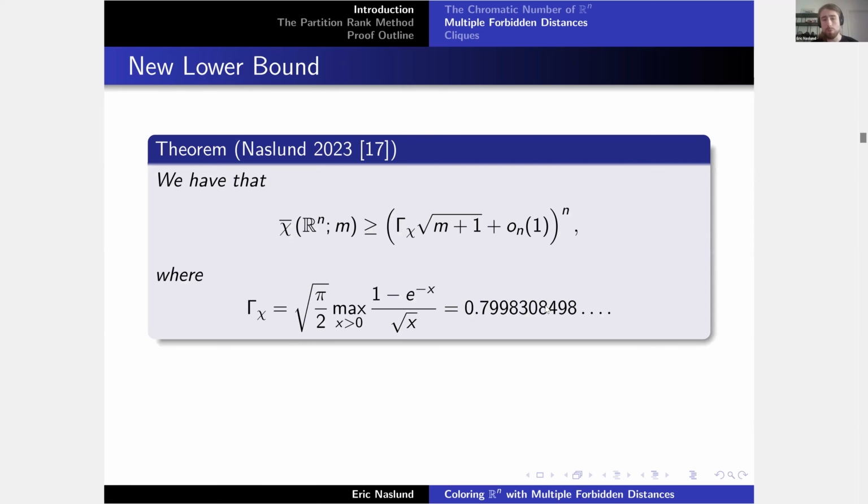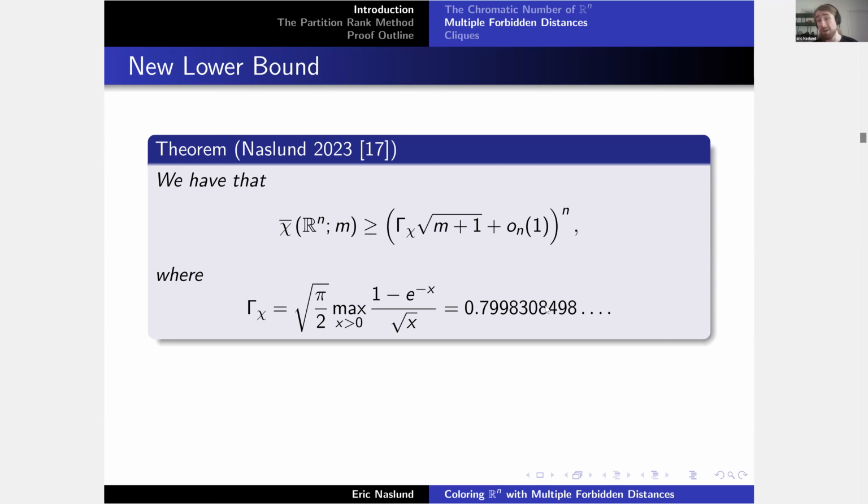What we can show is a more precise lower bound, that it grows at least like a constant times square root m to the power of n. So this is the lower bound that we show. And the constant is a specific constant that comes out of the Poisson summation formula.